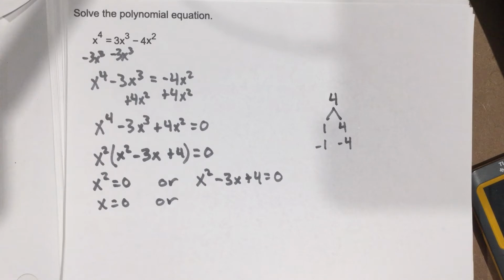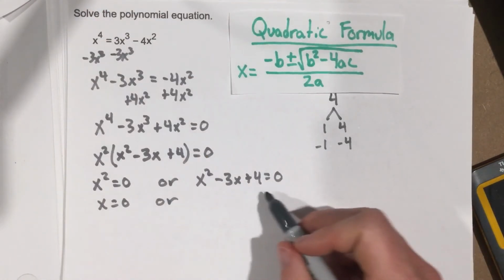I could complete the square, but I think using the quadratic formula is going to be probably the easiest. Let's pull that out. Because I can't factor it, I just tried that.